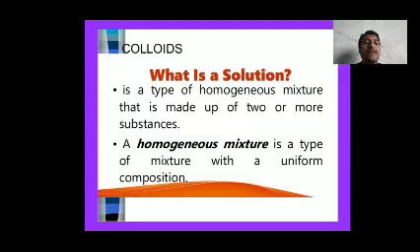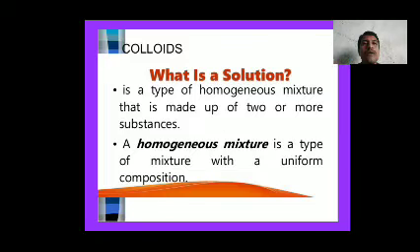A homogeneous mixture is a type of mixture with a uniform composition. Solution is a type of homogeneous mixture.